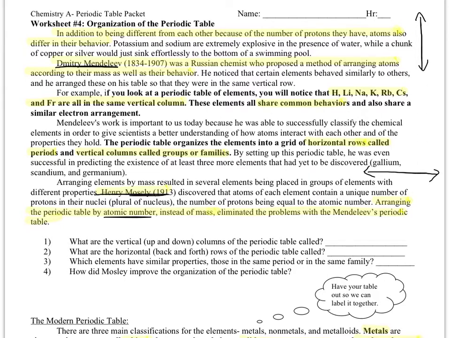Okay, so we have a little bit of specific vocabulary here. The horizontal back and forth rows we call periods. So what we would normally refer to as a row, when we talk about it on the periodic table, we'll call a period. Okay, and what we would normally think of as a column is going to be called a group or a family.